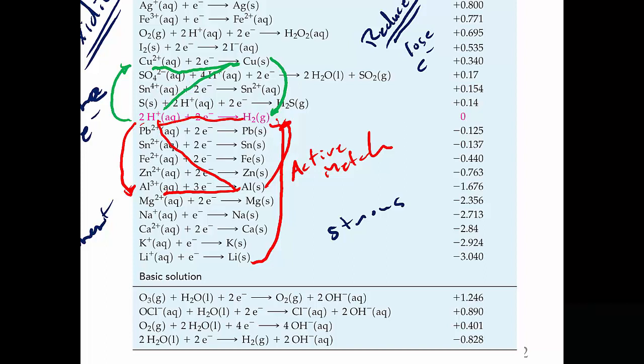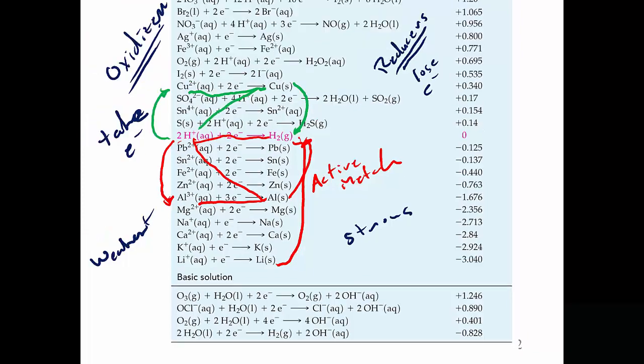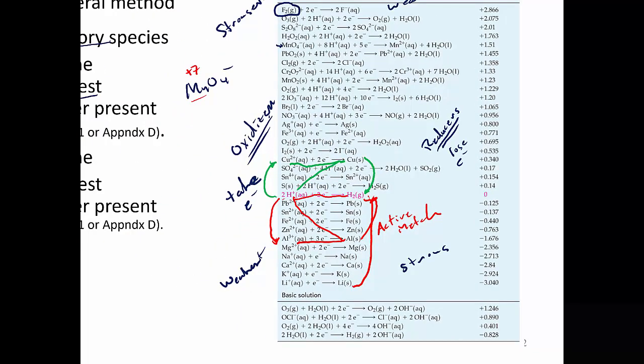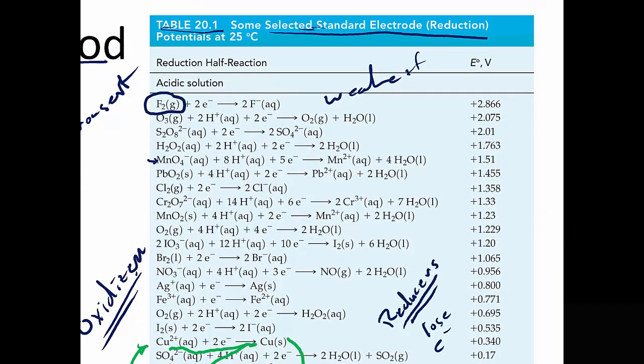Okay, so it occurs on the left side, and it occurs on the right side. When I look at the right side, I see it twice. Do you see it? Look at plus 2.075. Oh, no. If I go to plus 2.075, I can't use that. Why? Because I'm missing something. What am I missing? Oxygen. However, if I go to plus 1.763, there it is.